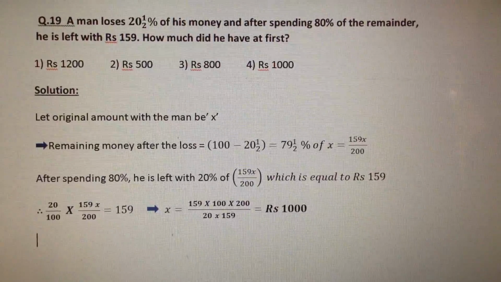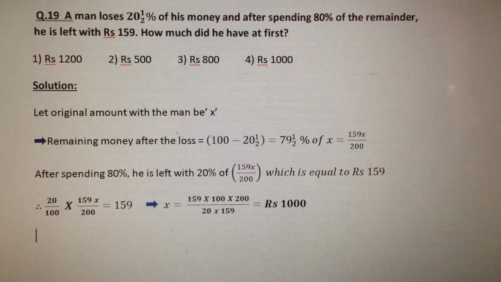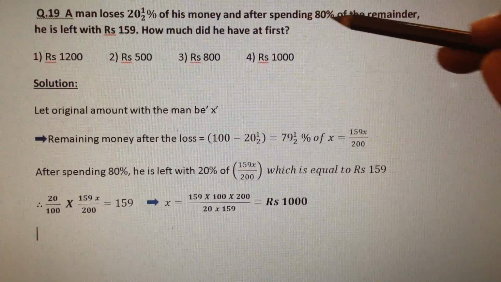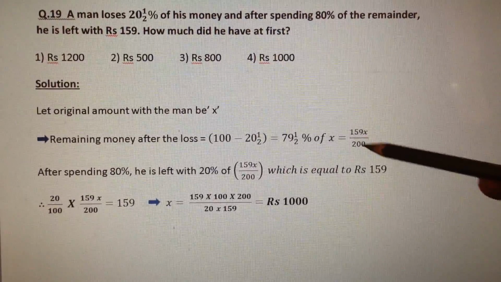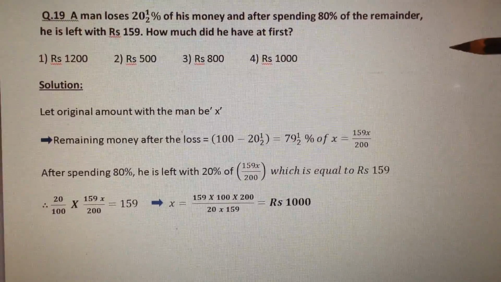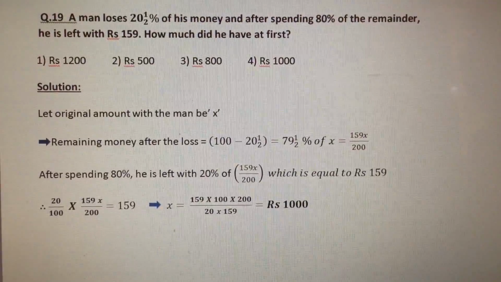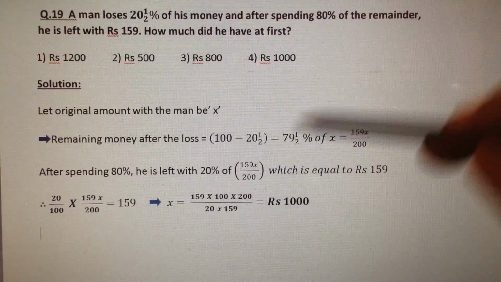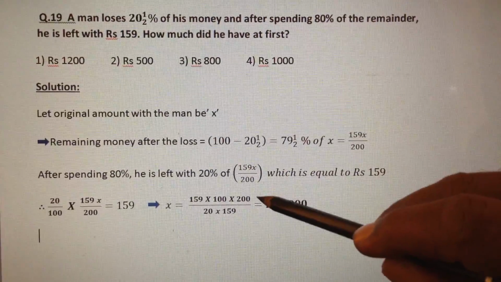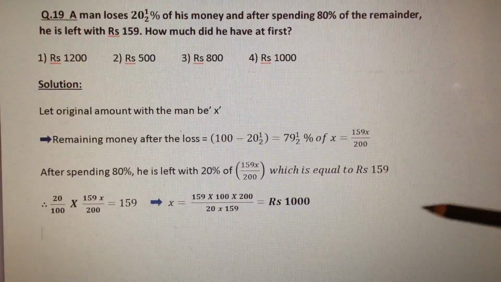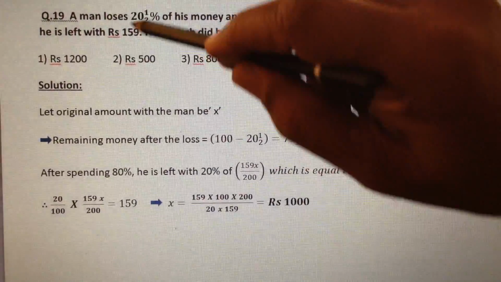Out of this, after spending 80% of the remainder, that means after spending 80% of this amount, he is left with 20%. 20% of 159x by 200 is given as 159 rupees.